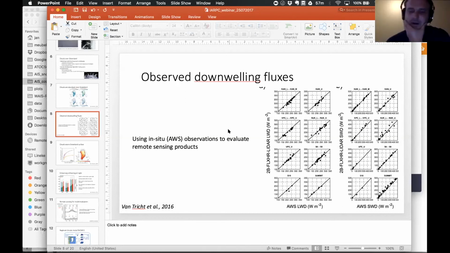Yeah, thanks, Matt. Of course, these weather station data are autonomous. And that's a problem. So it should be thoroughly quality controlled prior to actually using it.